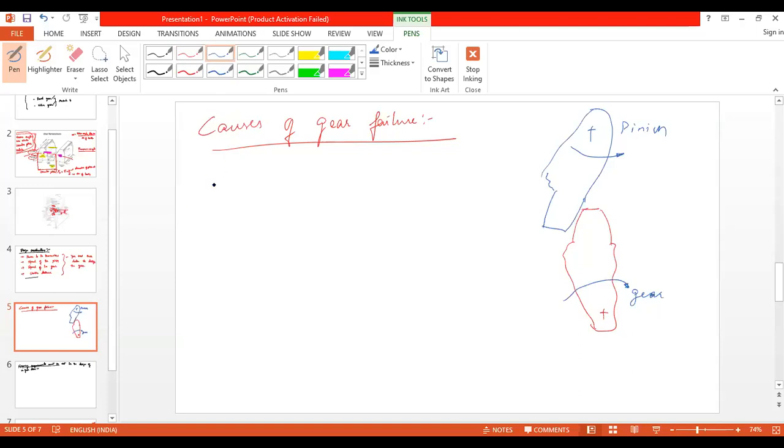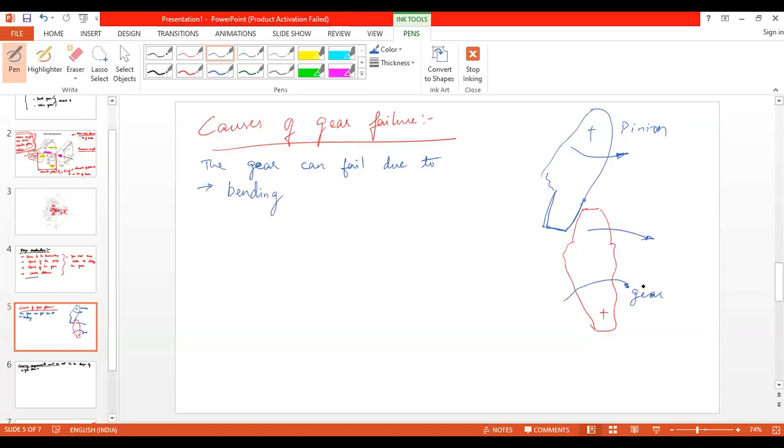So the gear can fail due to bending. See, here the pinion is rotating. The pinion is the driver. We supply the power to the driver, and the gear tooth of the driver has to push the gear tooth of the driven.